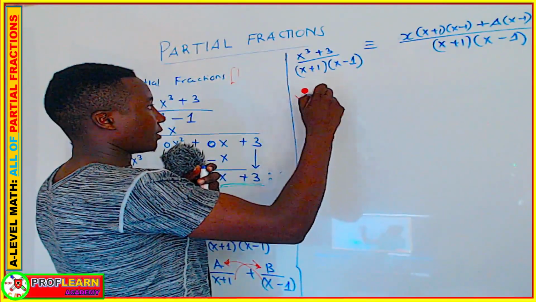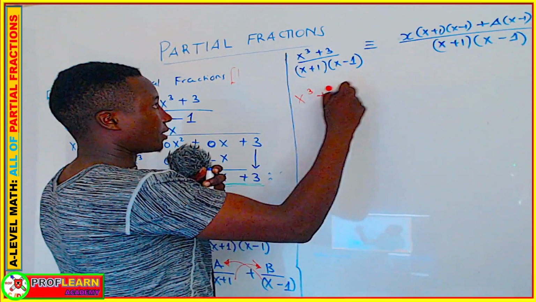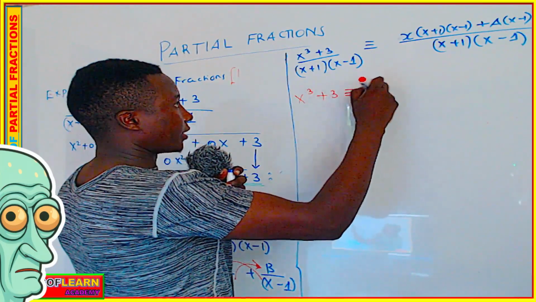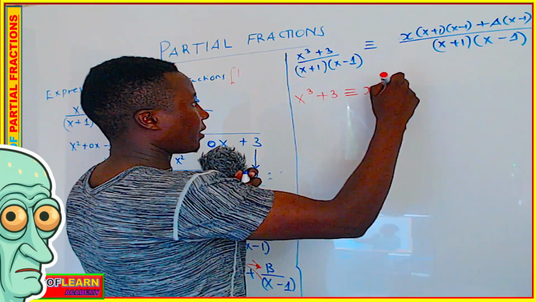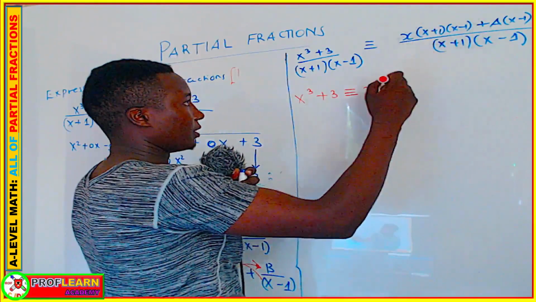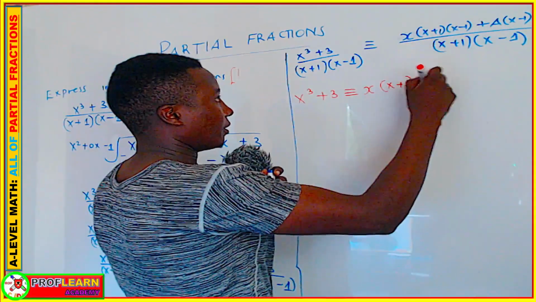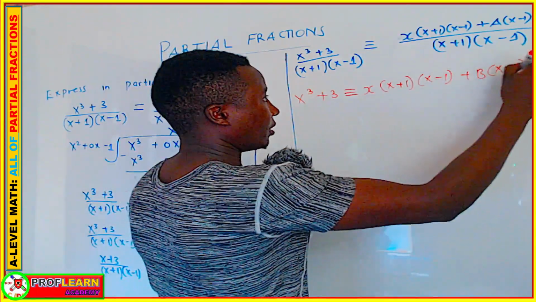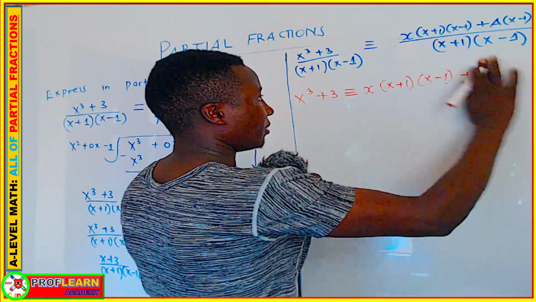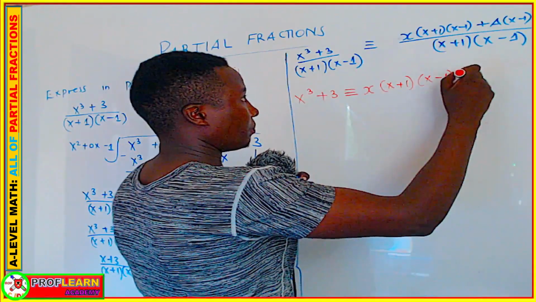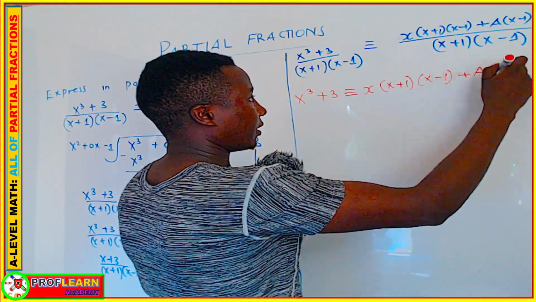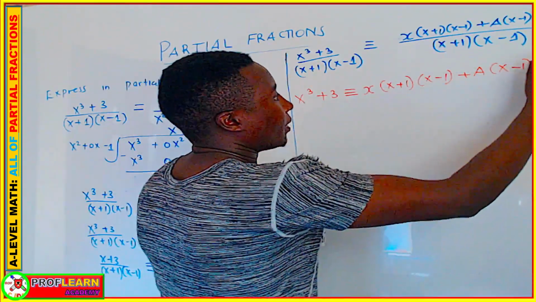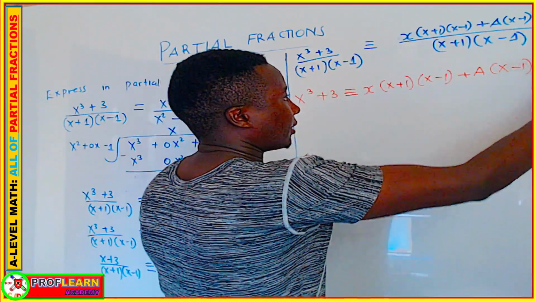So x cubed plus 3 is equivalent to x times (x plus 1)(x minus 1), plus a into (x minus 1), plus b into (x plus 1).